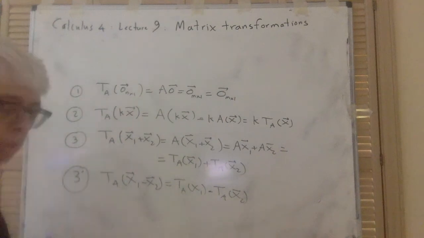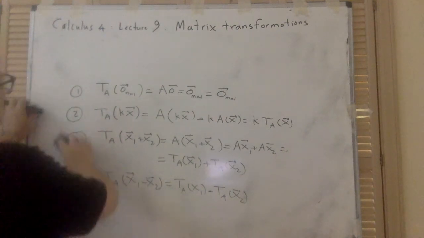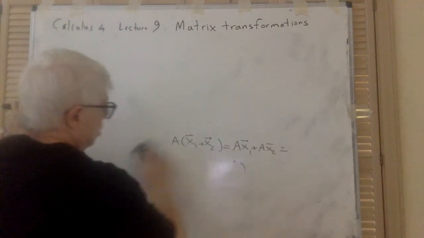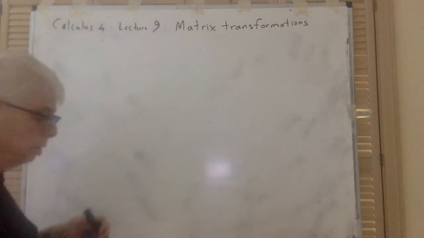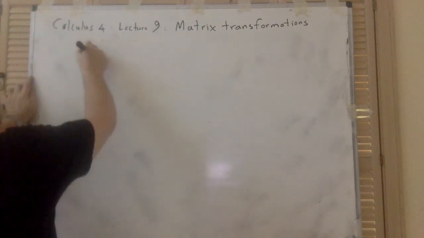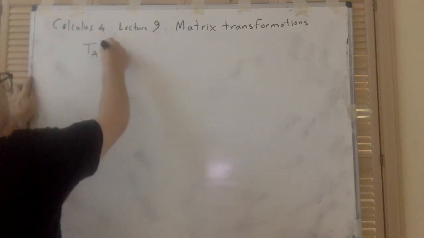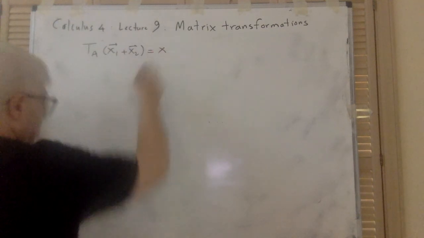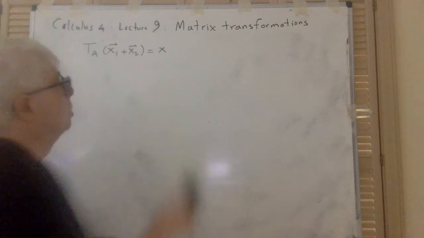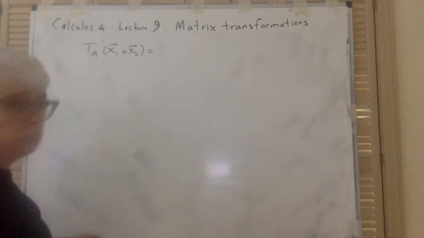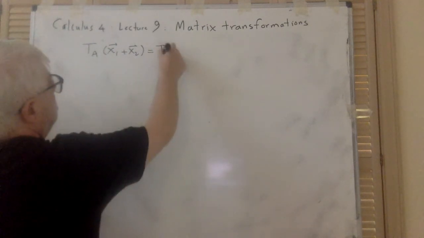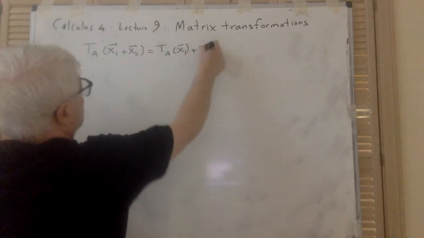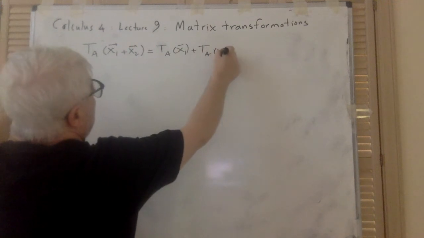Well, let me erase all of them, except this one, and write it up there. So that was this property, that this distributes over sum. So it seems that a matrix transformation distributes over a sum of vectors, or sum of elements of the domain.